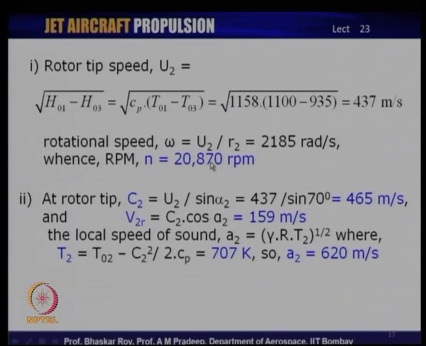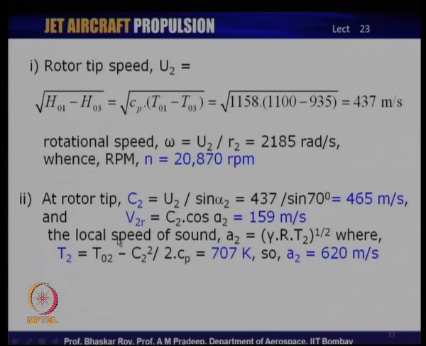So, as you can see here, a typical radial turbine would be running at very high RPM compared to an axial flow turbine. The corresponding value of C2 at the rotor tip would be 465 meters per second, using the velocity triangles that we have just seen. The corresponding V2R would be 159 meters per second.